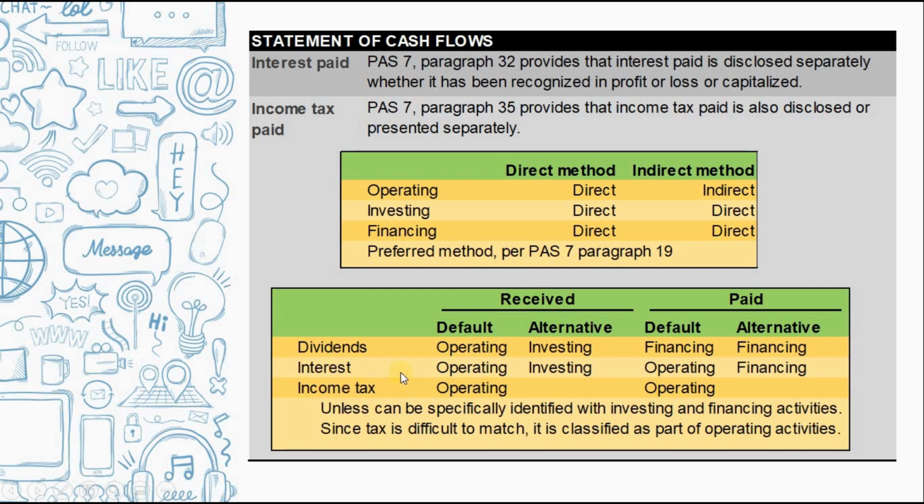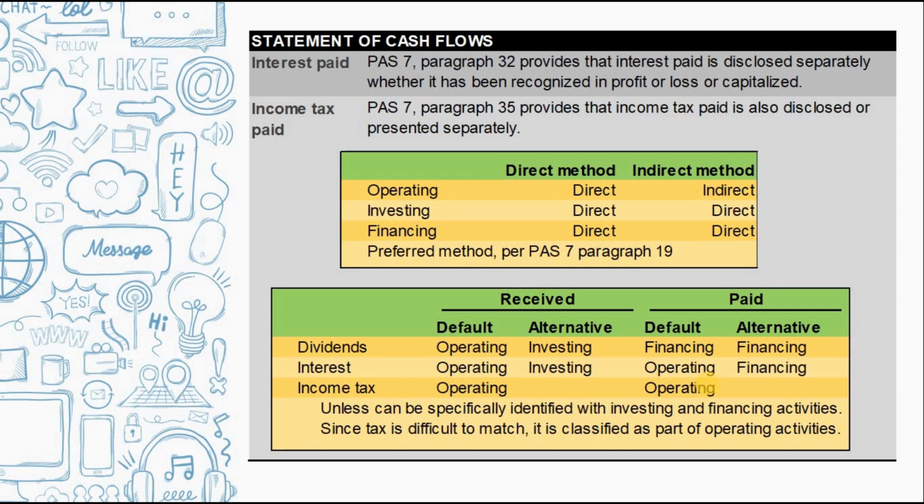So, interest paid by default is presented under the operating activities. However, there is an alternative presentation for interest expense, and that is under the financing activities. So interest expense can be presented under the financing activity because interest expense is related to non-current liabilities or current liabilities that are financing in nature.